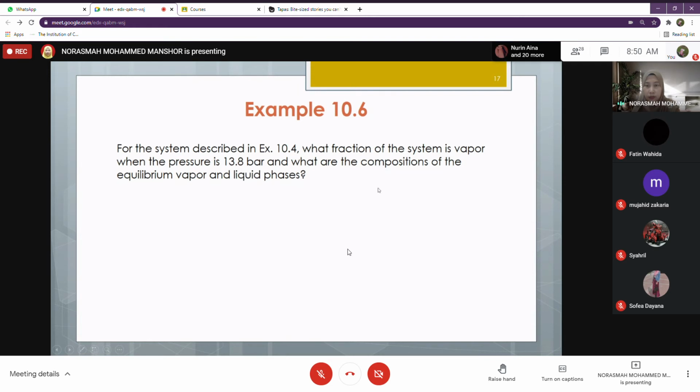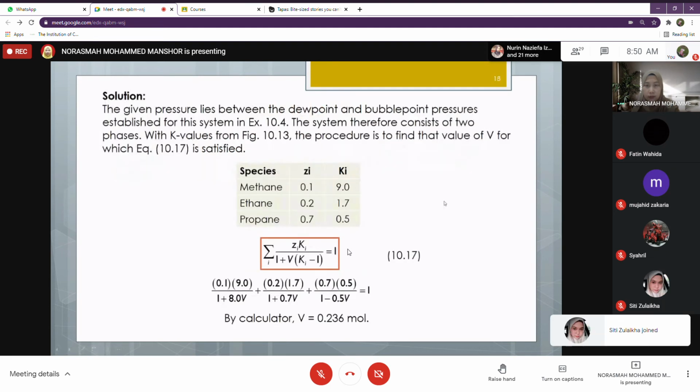You have to calculate the composition of vapor and liquid phase. The given pressure 13.8 bar is between the dew point and bubble point pressure, which was already calculated in example 10.4. So the system is in two-phase region, so you can make a flash calculation.